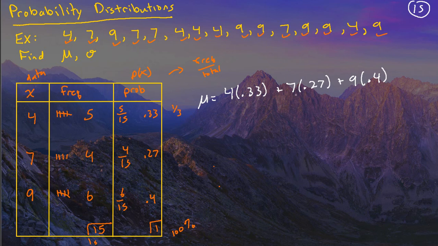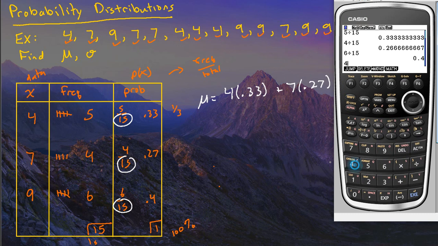You might wonder, do I have to divide by the number of data that I have? The answer is no. I've already done that, haven't I? I've already divided all of these by 15. Basically, what we've done is taken 4 times 5, 7 times 4, 9 times 6, and then divided them all by 15. But the chart just makes it a little bit easier.